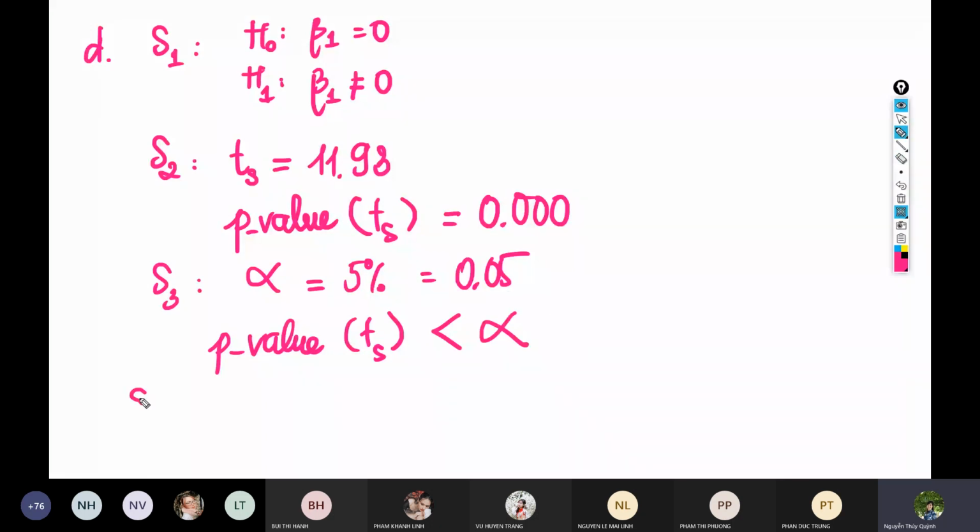Then we reject H0. Okay, and step 4, let's make the conclusions.